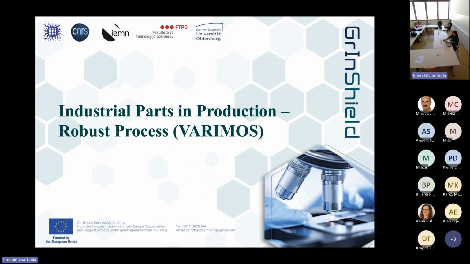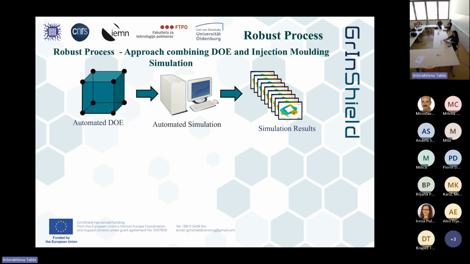Okay, now what can we do finally if the design and the mold is ready for production? We make a so-called VARIMOS, virtual and real injection molding optimization system. VARIMOS is short for that.